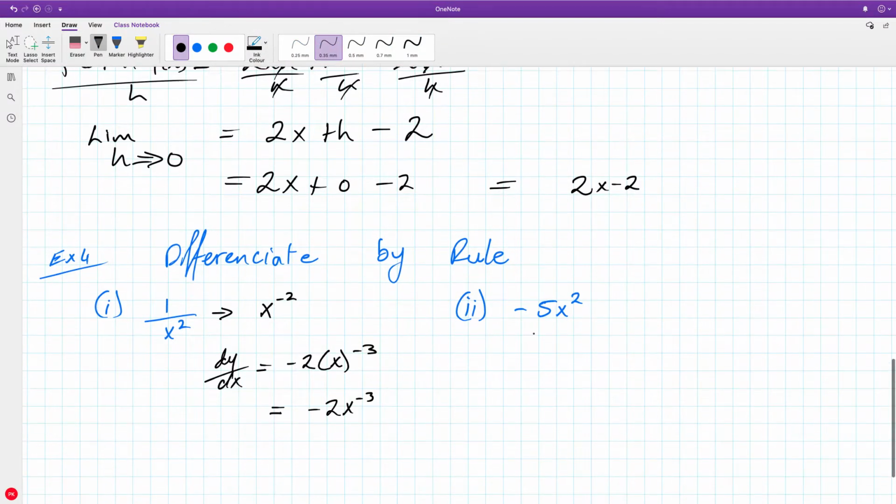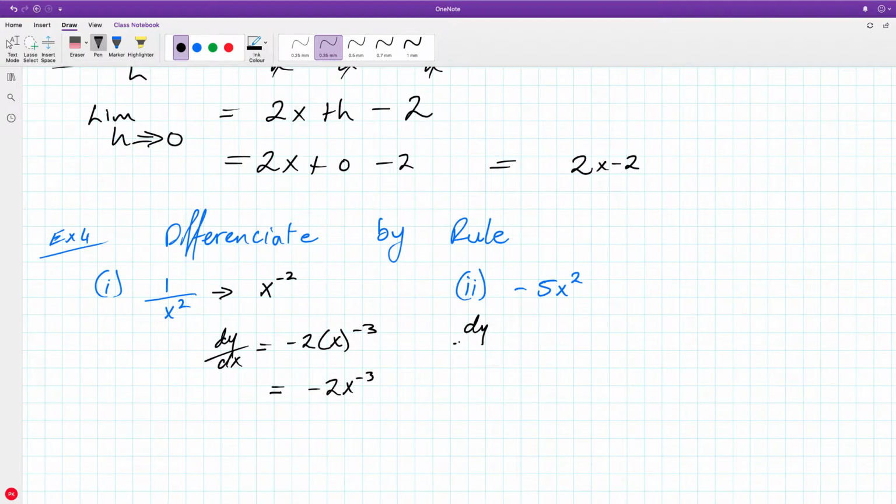What did you get there? dy dx is equal to, bring down the power, 2 times minus 5x, reduce the power by 1, minus 10x. Have a go at this one.